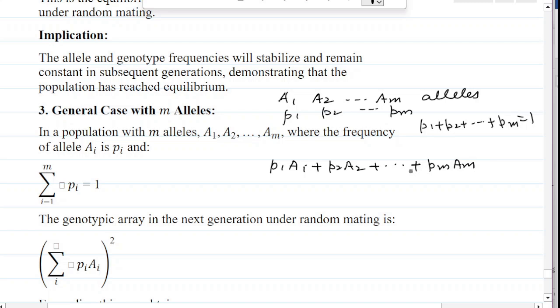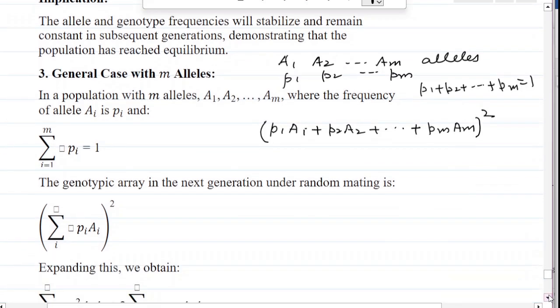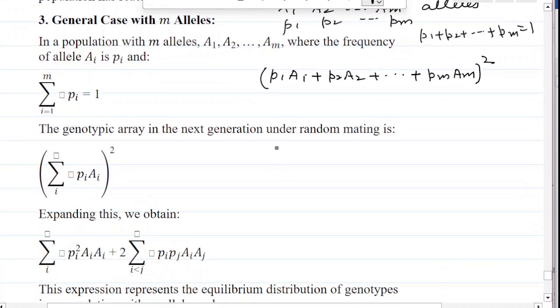So this is the gametic array in the initial population. Now we want to find out the genotypic array under random mating in the next generation, which can be obtained by just squaring this. And when we square this, you will get an expression like this.